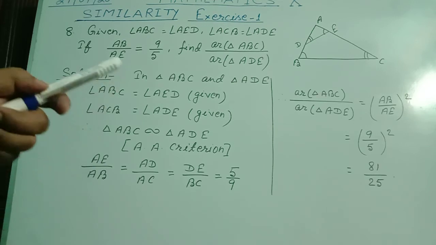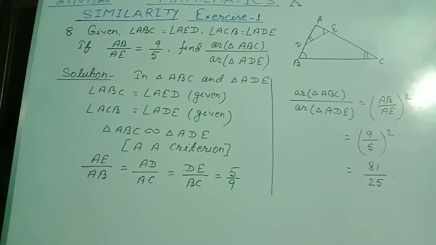Then we went to the question, that is the area of triangle ABC by the area of triangle ADE equal to how much? If these two triangles are similar, then the ratio of areas of these two triangles will be the square of the ratio of their corresponding sides. So the ratio of the corresponding sides is AB by AE, the square of that, AB by AE whole square, that is 9 by 5 squared, equal to 81 by 25.